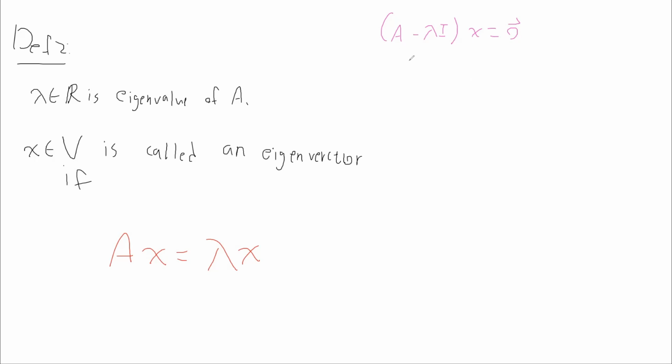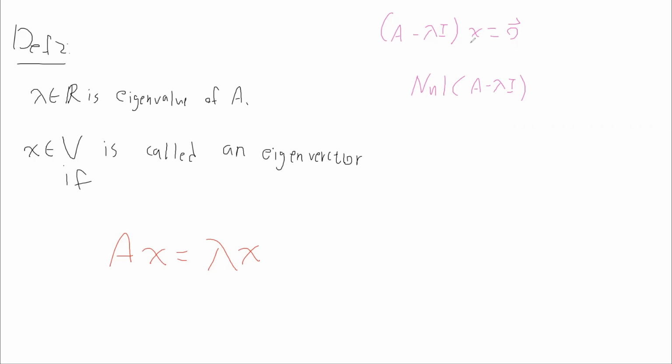Essentially, we want to find the null space of A minus lambda I. Remember the null space: everything in the null space makes this equation true. So we want to find the vectors x that satisfy this equation, and that x is going to be in the null space of A minus lambda I.